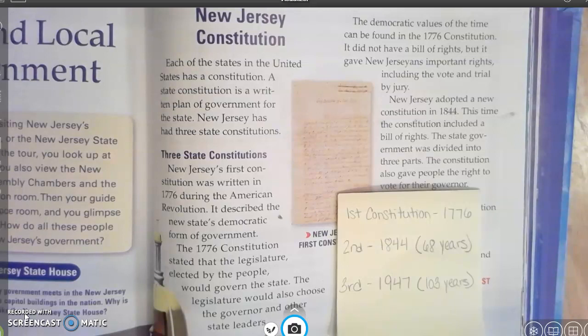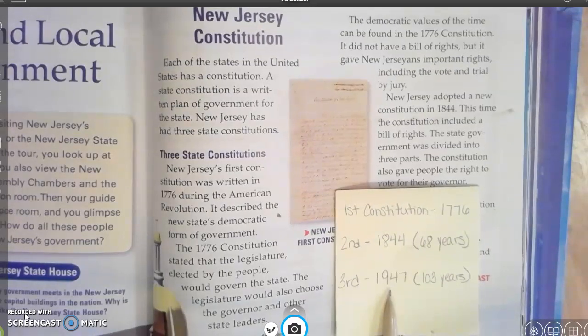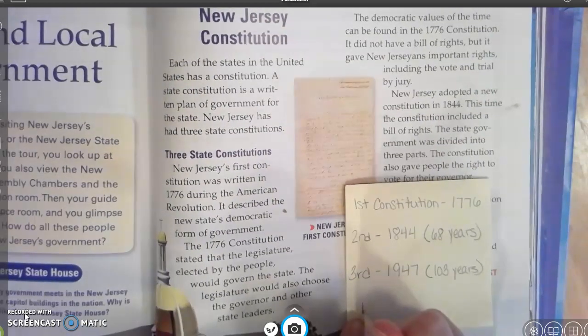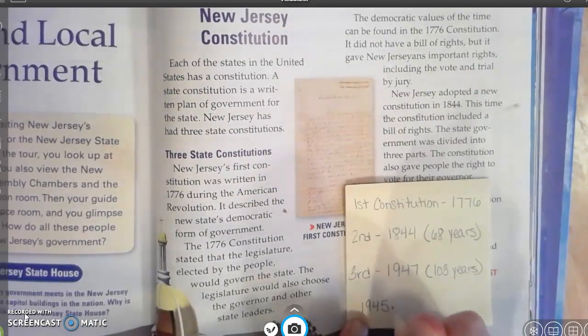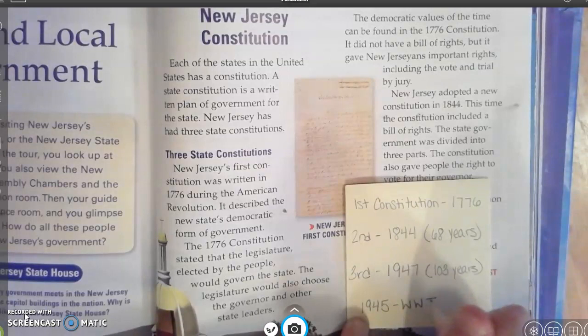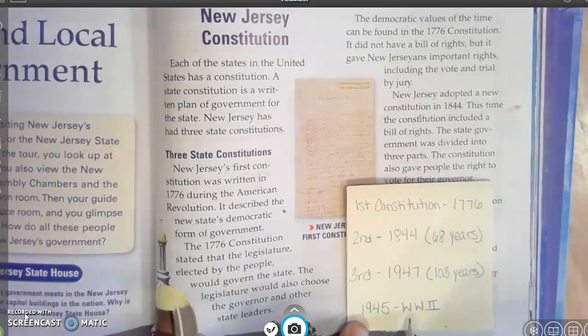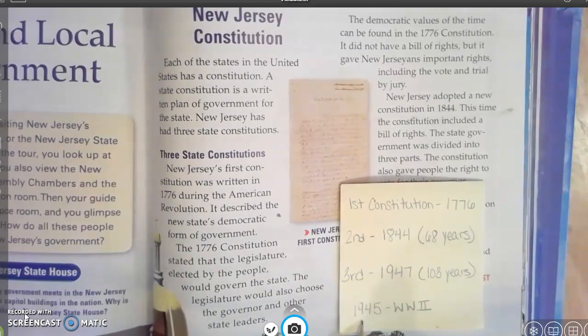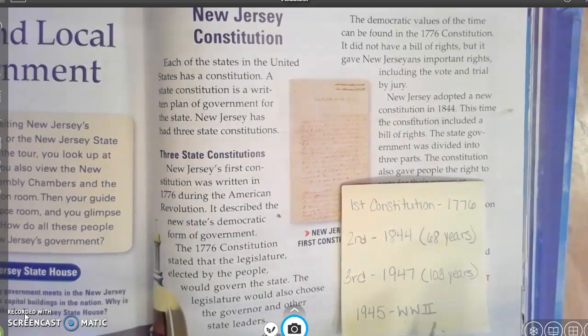And just to give you some context about what was happening in our country, in 1945, that is when World War II ended. So you guys know a lot about World War II from our historical fiction unit after reading The Butterfly, and some of you read A Time to Be Brave.